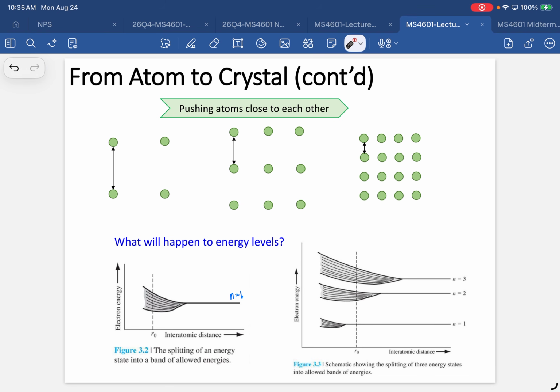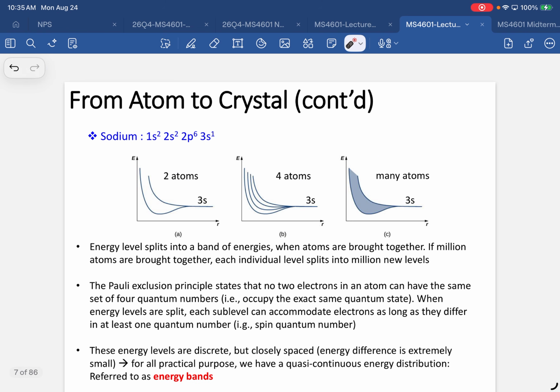So that is the energy splitting. Now let us consider the sodium case. Sodium's atomic number is 11, so it has 11 electrons. The farthest out, the highest energy level that an electron is occupying, is 3s1.